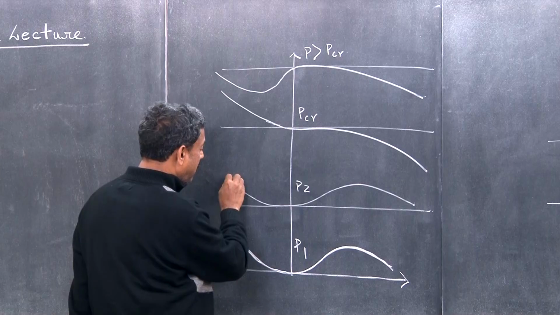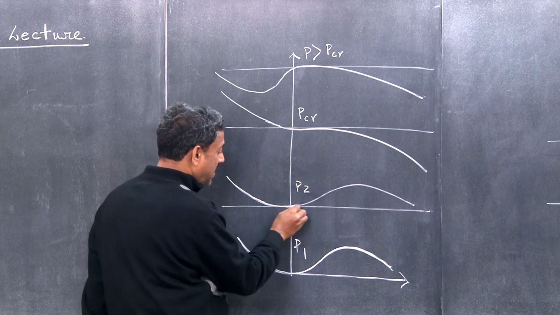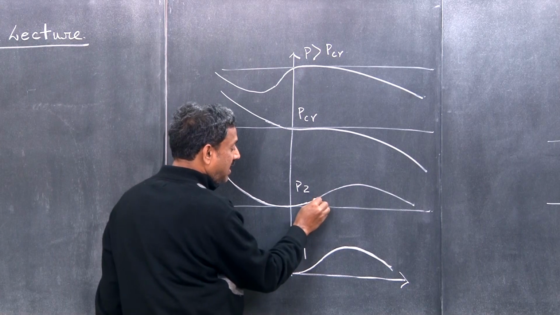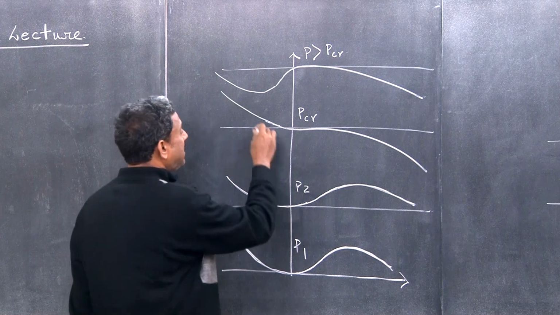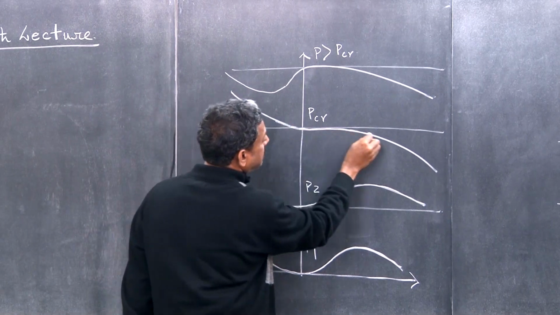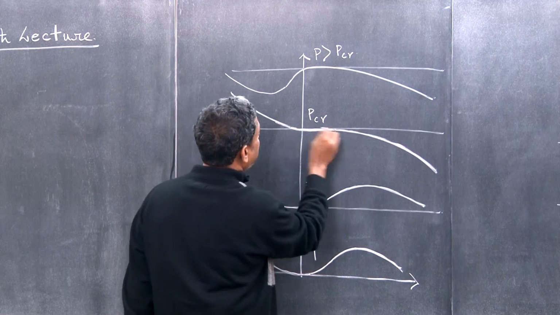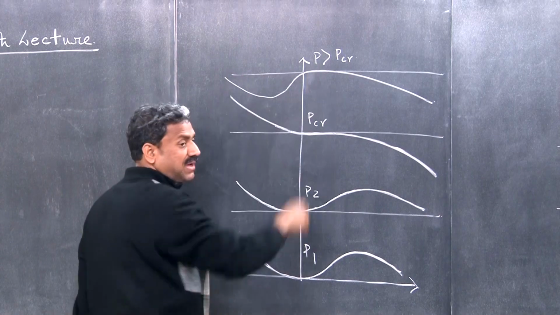Then slightly higher, the potential will expand a little bit, but still it is unstable. As soon as it reaches P critical, this is also unstable, right? And this is kind of flat. Then what happened? P greater than P critical.